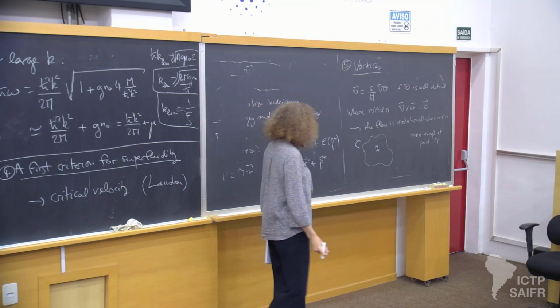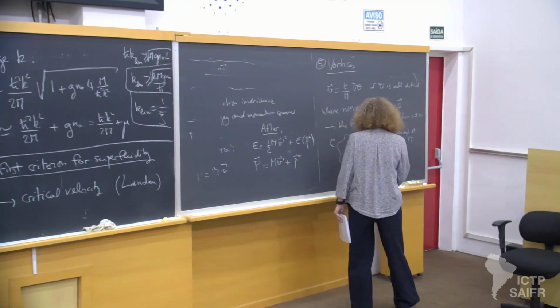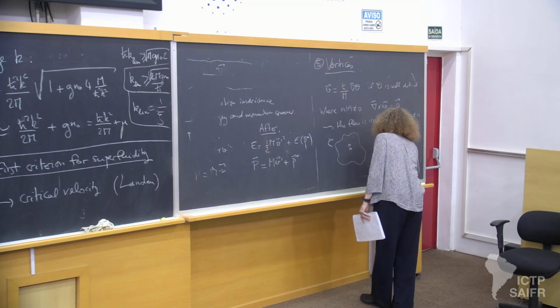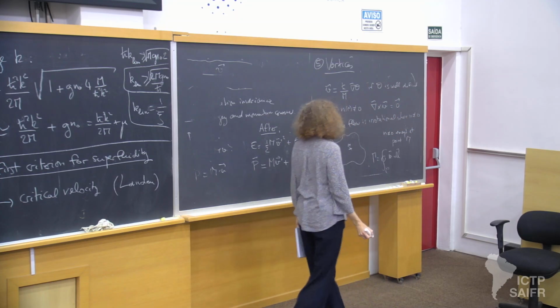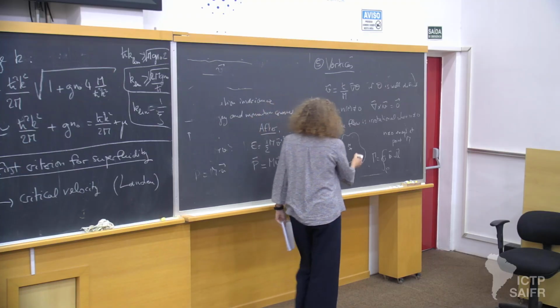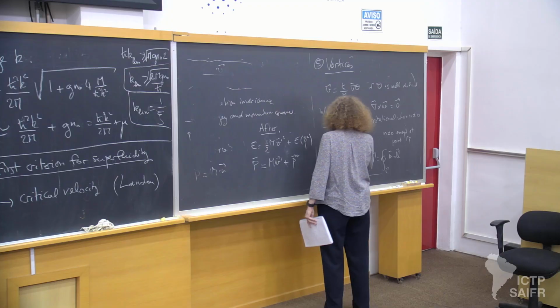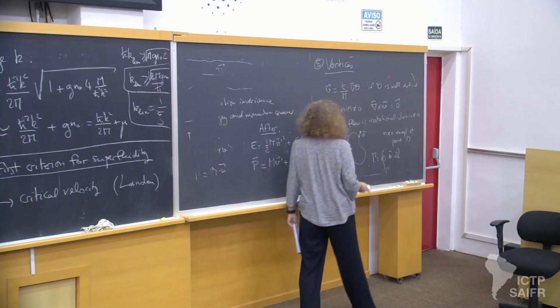And what I will compute is the circulation of the velocity on this contour. So everywhere there is some velocity. Each point there is something.